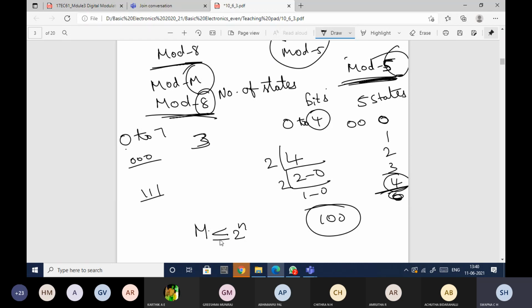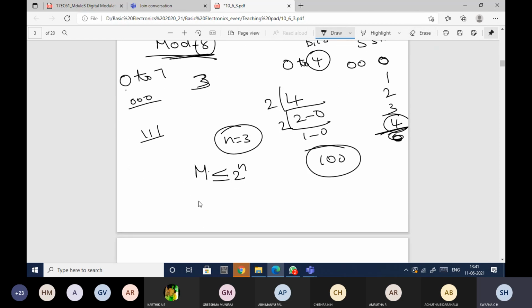If you take 5, the n value is 3, in the sense the number of bits required is 3. The maximum number of states that it will count will be 8. So whatever number of states I'm counting, it can be less than that, but it cannot be more than 2 power n.